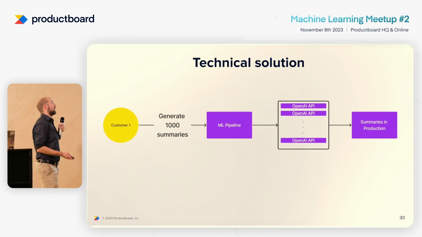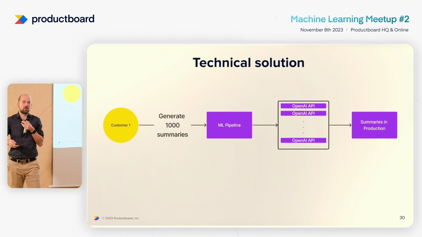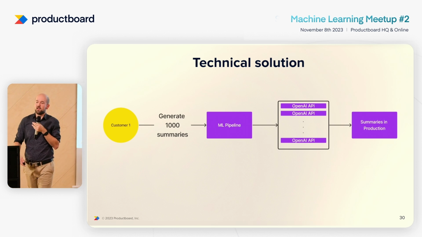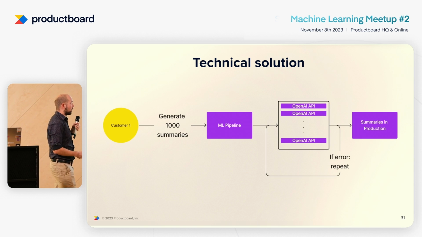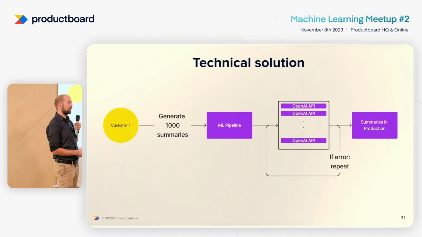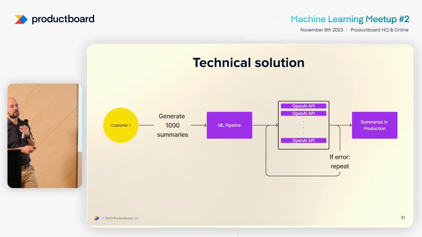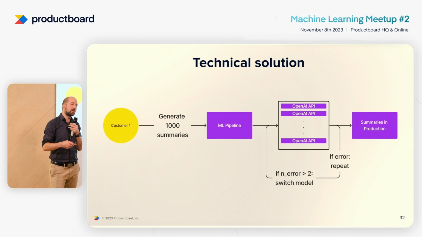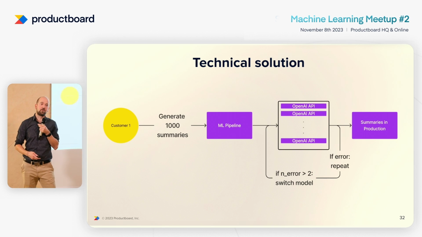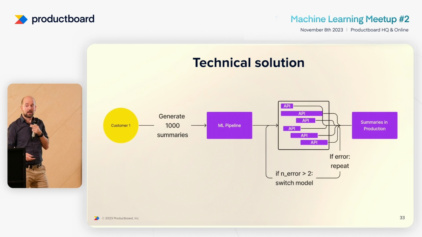The speed of OpenAI is quite slow, so you would like to generate them in parallel. Okay, this doesn't work either, because what happens quite often with OpenAI is that there are some errors. There is some minor outage, so some summaries are not processed, and you need to repeat. Sometimes some of the models are not working properly, so you need to switch to a different GPT model.